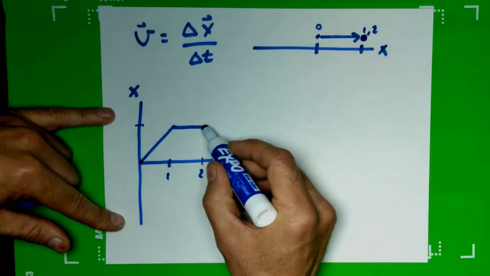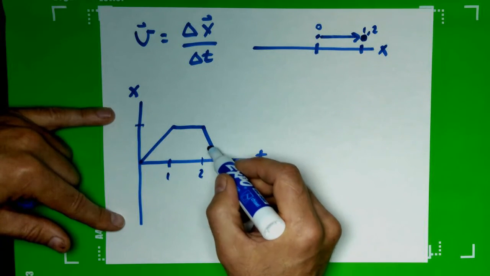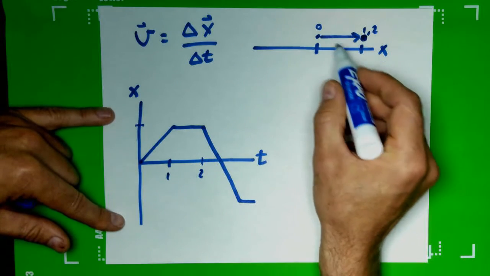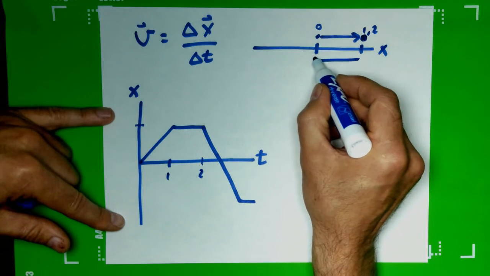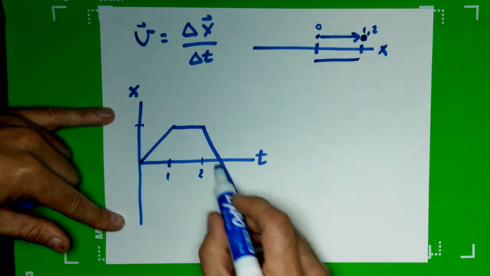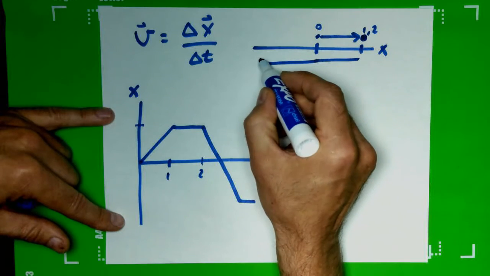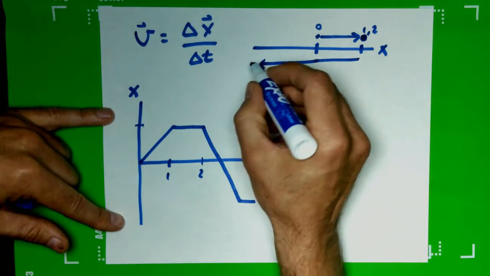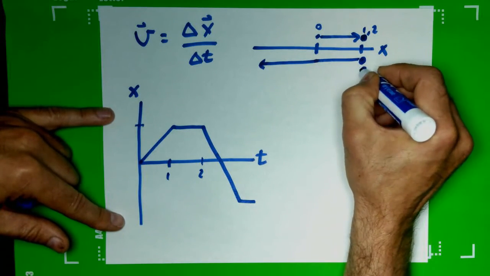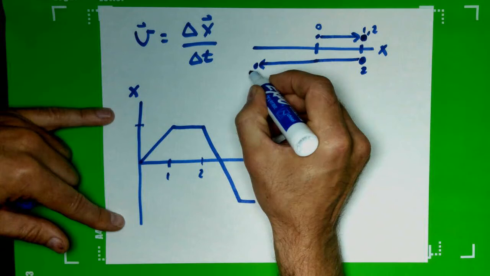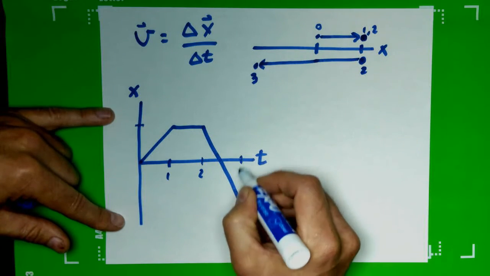Then what is it doing? Well, now it's starting to move towards 0. So it's coming back here and keeps on going into the negative. So it actually goes further negative. And so we can show that that's 2, and this might be point 3, where this time here is 3.